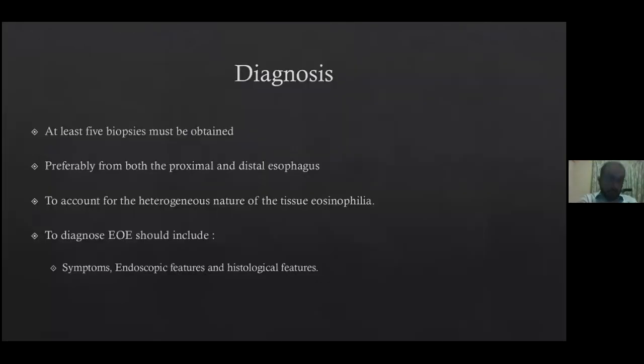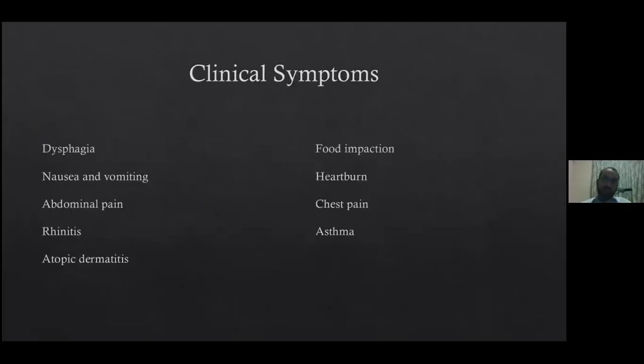Diagnosis: at least 5 biopsies must be obtained, preferably from both the proximal and distal esophagus. Why? Just to account for the heterogeneous nature of the tissue eosinophilia. To diagnose eosinophilic esophagitis should include symptoms, endoscopic features, and histological features.